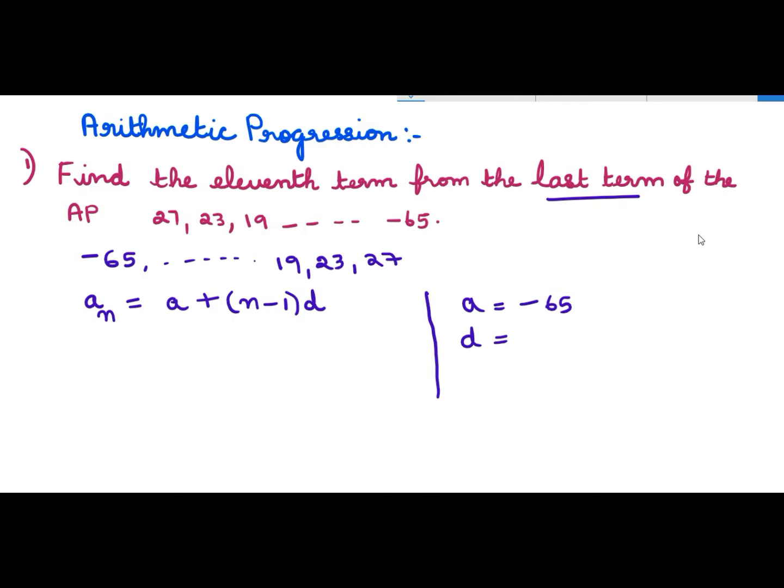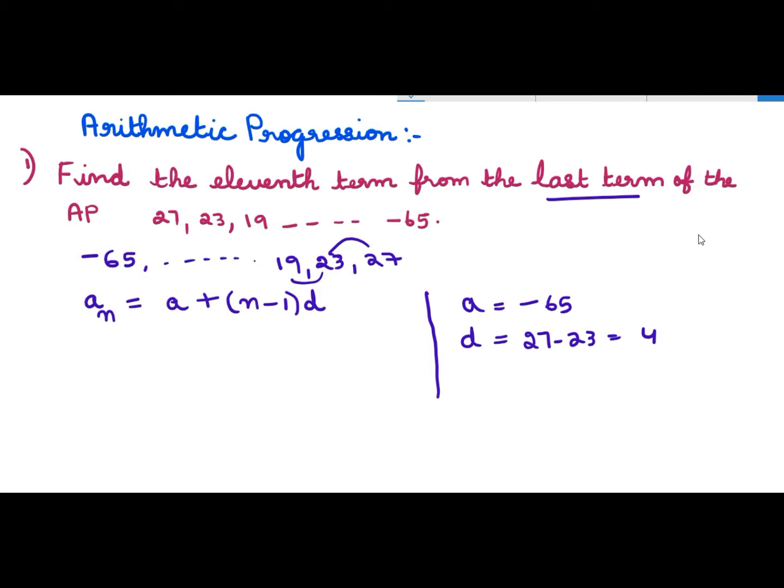That means the succeeding term minus preceding term will give you the common difference. So I can subtract 27 minus 23, which is 4. 23 minus 19 is also 4. So d is the common difference.